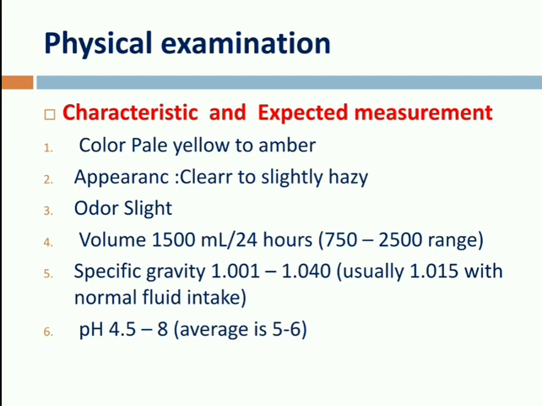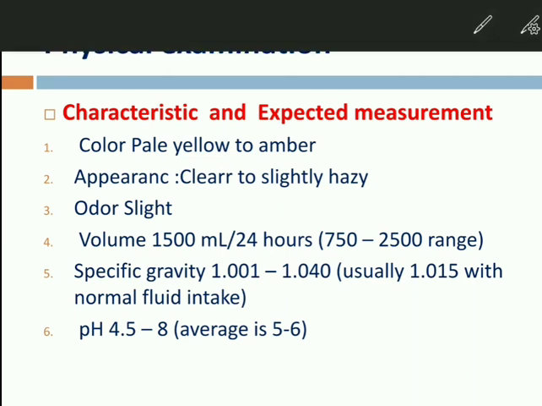Now we will move on to the physical examination. During the physical examination of urine, we see the characteristics of color, appearance, odor, volume, specific gravity, and the pH. The normal urine is yellow to amber in color. Appearance is clear to slightly hazy.